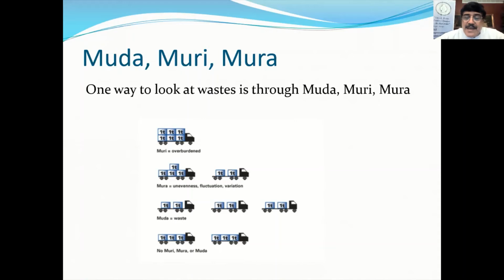Mura is unevenness. Like if you have 6 and you're putting 4 in one, and 2 in another, and that happens a lot. You have people working for you, and you see that most of the load is on one person because he's a fast horse, and others are sitting unutilized. So this is called mura, or unevenness, fluctuation, variation. We need to reduce the variation. And muda is the waste here.